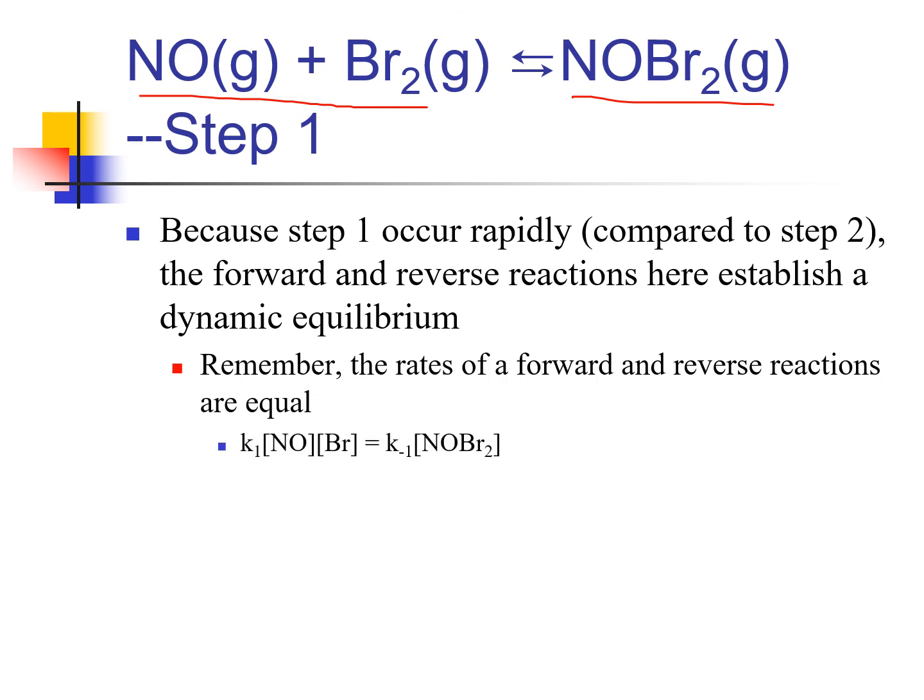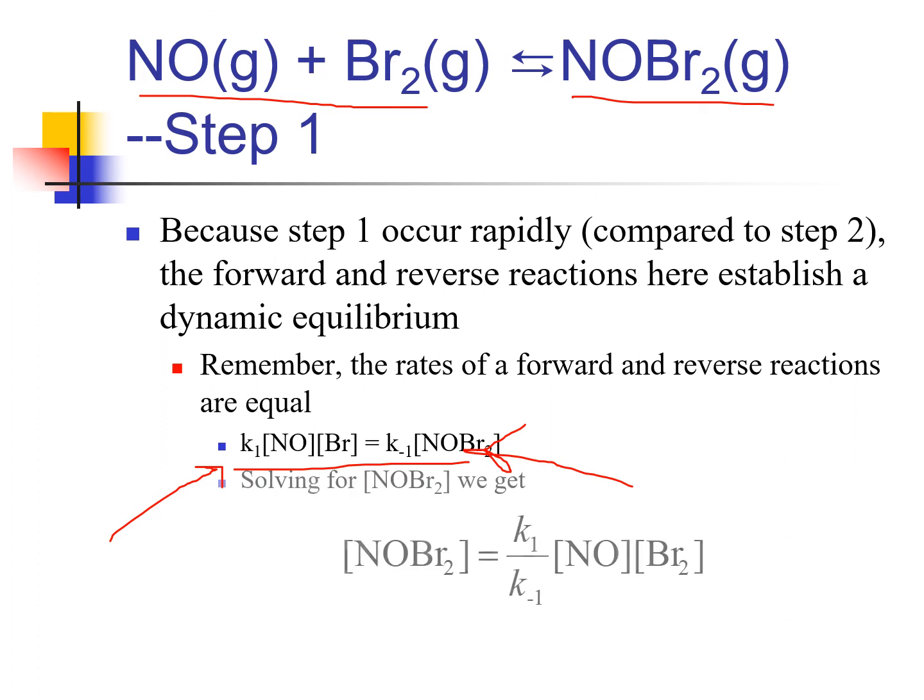So I can actually set the rates equal to each other because it's at equilibrium. The rates are the same. So this is just the forward reaction and the reverse. Solving for NOBr2, I get this. Now notice this chunk here.